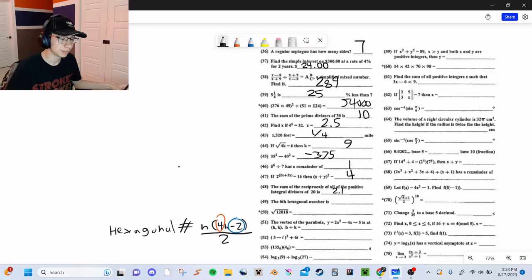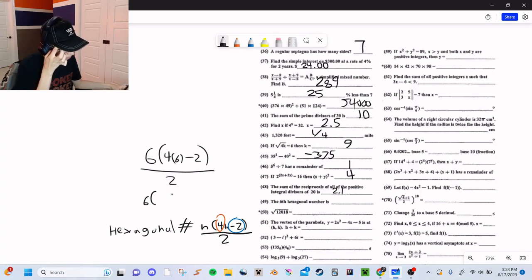And so I'll just substitute in 6 for n. So 6 times 4 times 6 minus 2 over 2. That's going to be 6 times 22 over 2, which is 66. So 66 is my answer for 49.